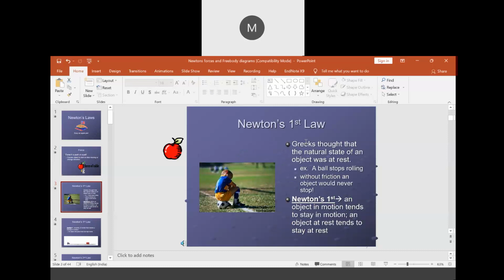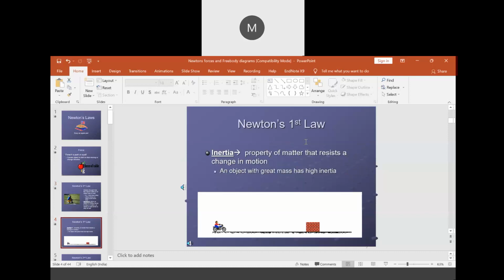As per Newton's first law, an object which is in motion always tends to stay in motion, and an object at rest always tends to stay at rest. Okay?